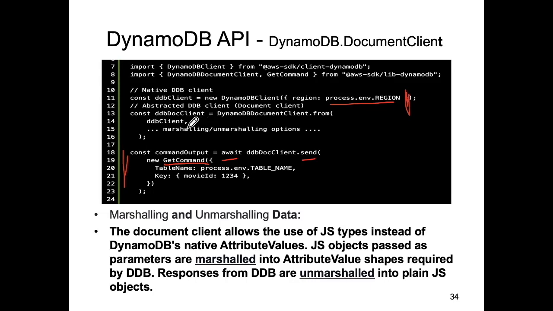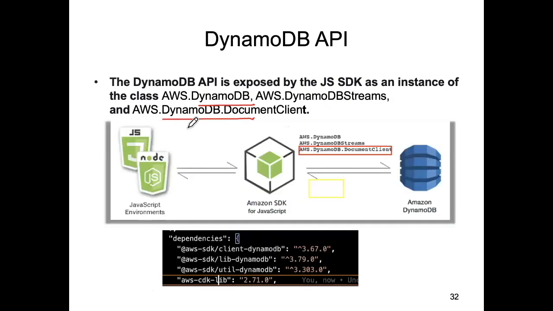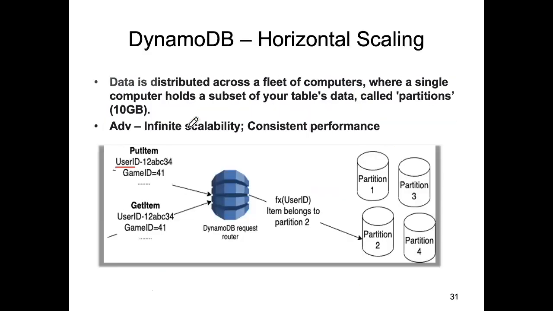Let me explain that using this as our context. Over here, we have our Lambda code, which is all in the TypeScript, JavaScript world, so it's all about objects. Whereas over here, we're in the DynamoDB world, and its data types are specific to DynamoDB.